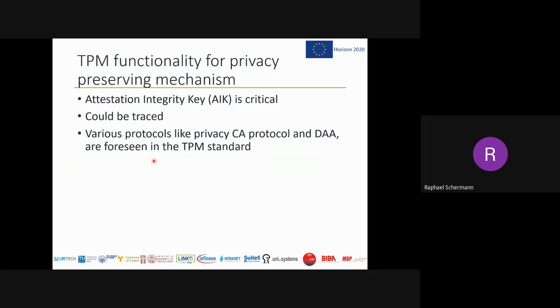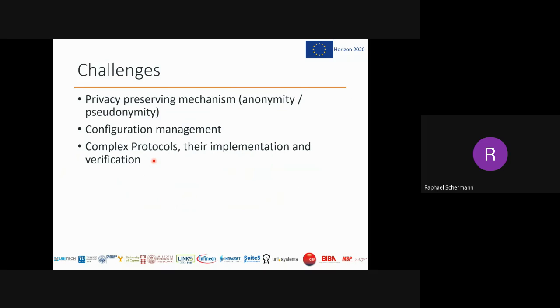Some challenges in the whole Rainbow ecosystem are how we guarantee and implement privacy-preserving mechanisms, how that enables anonymity and also the possibility of pseudonymity. The difference is that with pseudonymity, the signatures done under the same pseudonym can be linked, and with anonymity, the device is fully anonymous in the network.